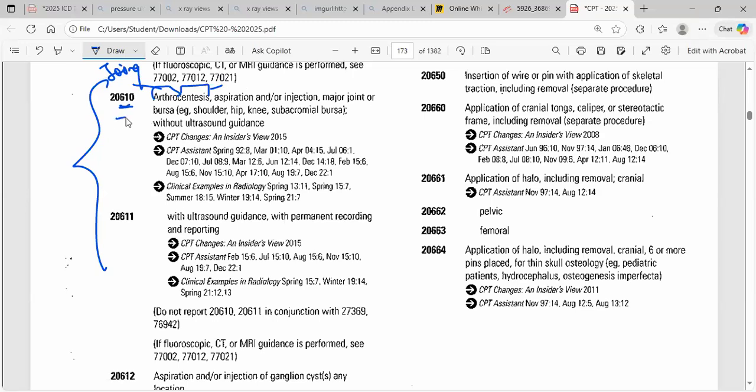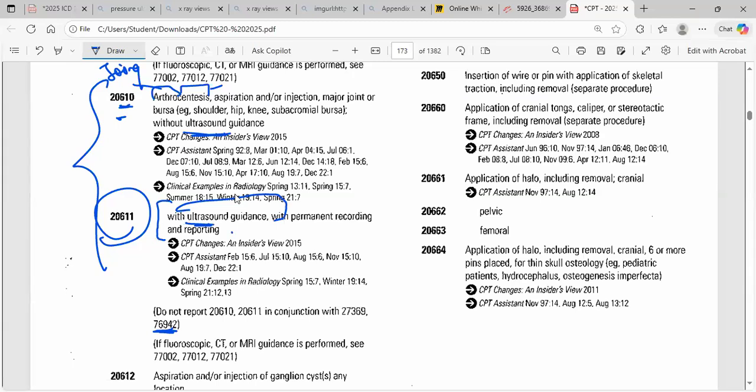So 20610 is without ultrasound guidance, but we do have a code with ultrasound guidance, so we are not going to bill 20611 with 76942 because this code already includes the ultrasound guidance.